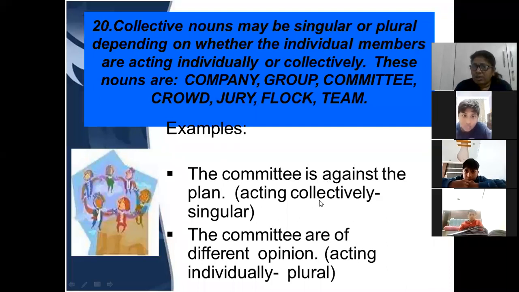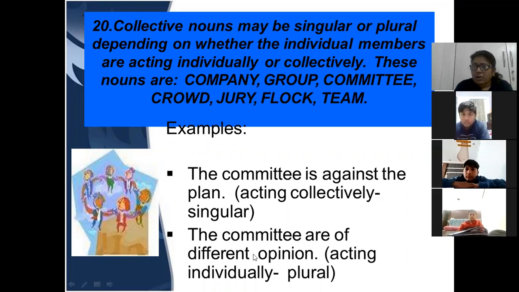Acting collectively means the whole committee. It is singular. One committee is acting against the plan, right? The committee are of different opinion. So from this word "different" only we can understand that there are many committees, because here it is single and here it is plural in number.